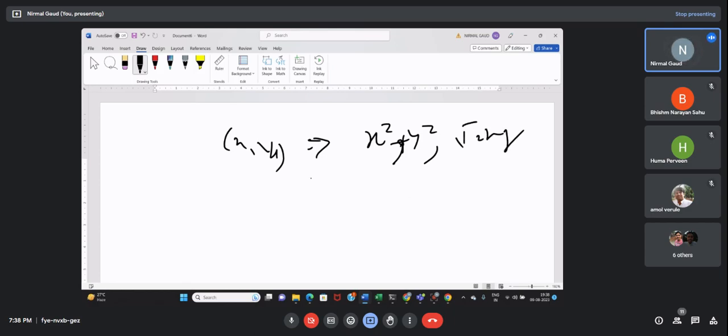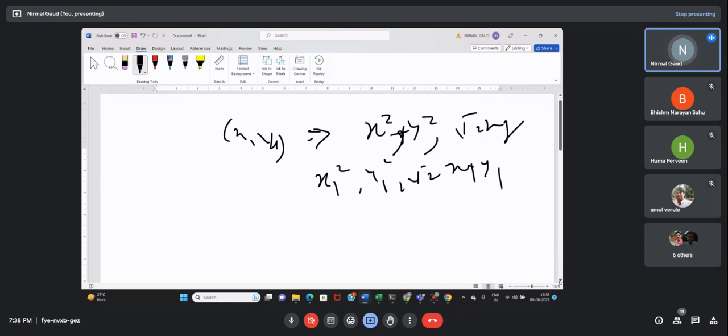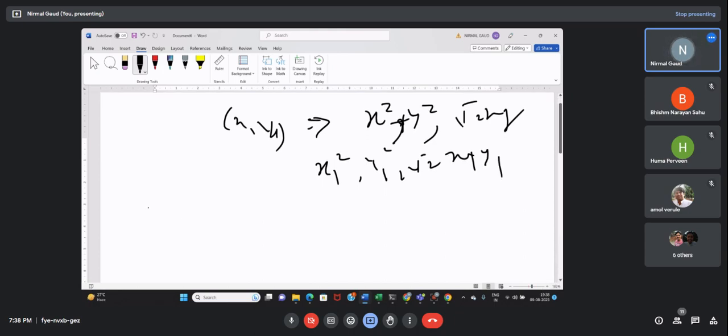So x1 y1 can be written as x1 square comma y1 square comma square root of 2 x1 y1. So this is for point number 1. For point number 2, if I have point number 2, I can say x2 square comma y2 square comma square root of 2 x2 y2.